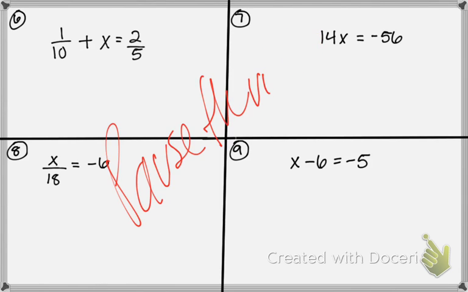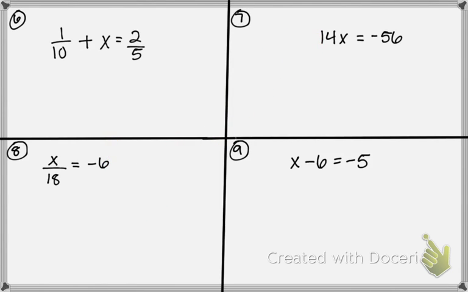Okay. Let's go over our questions. So for the first one, we have 1 over 10 plus x is equal to 2 over 5. Okay. Here there is division, but I'm not going to multiply by 10. I'm going to subtract 1 over 10. Oh, and I forgot to do my line. Let's put our line first. I'm going to subtract 1 over 10.